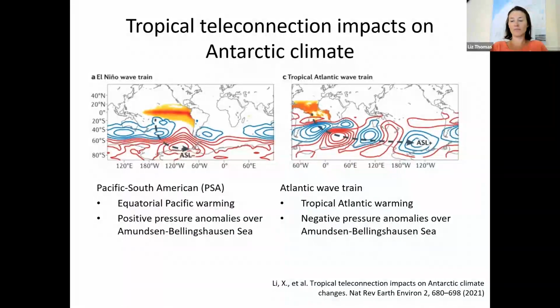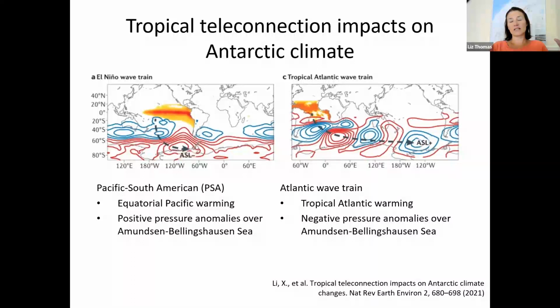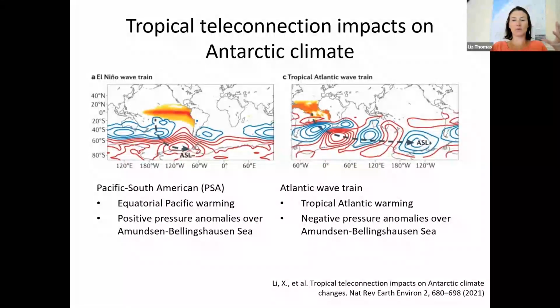Obviously, I've been looking mainly at the tropical Pacific and how this teleconnection has been influencing the climate. But interestingly, it's now looking more at whether there is potential influence from the Atlantic as well. We saw how these wave trains can propagate all the way around from the tropical Atlantic and have the same kind of influences on the climate of West Antarctica, particularly coastal West Antarctica and the Antarctic Peninsula.